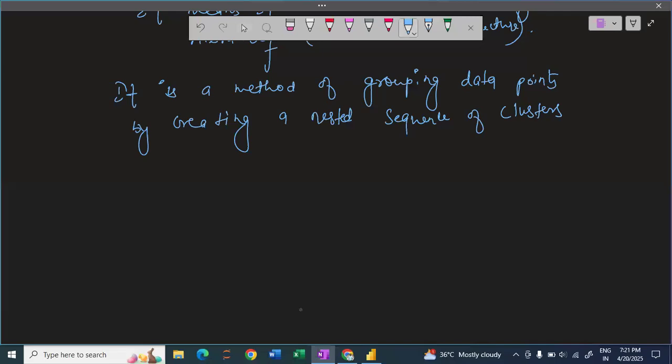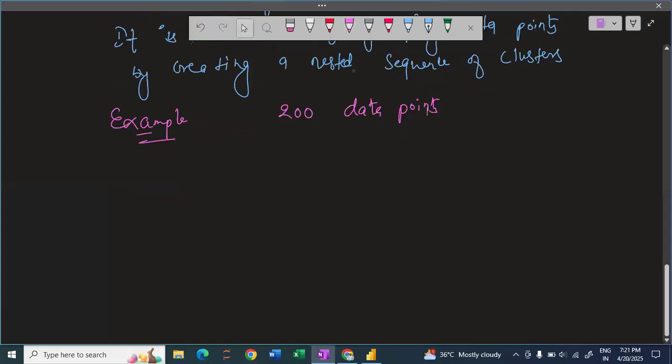Now let's understand the concept of hierarchy. What exactly does that mean? Let's say we have 200 data points, so the size of our data set is 200. Where to start? The first step: the algorithm identifies these 200 data points as 200 clusters.